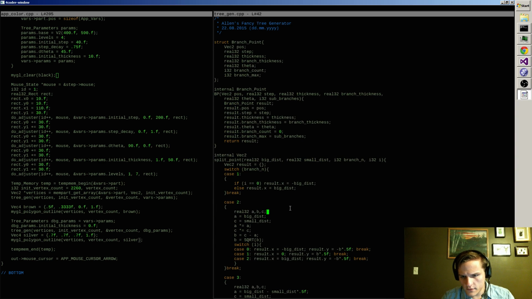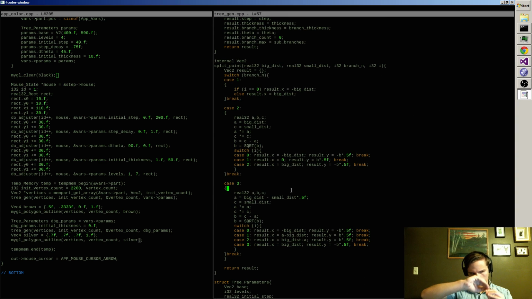So for the case for 2, the branch thickness is your C, which can be as large as you want. Okay, so it's not small dist. We'll just call it subdist, part dist, branch dist. I don't like that name, but it's the best thing I can actually think of. Branch dist.